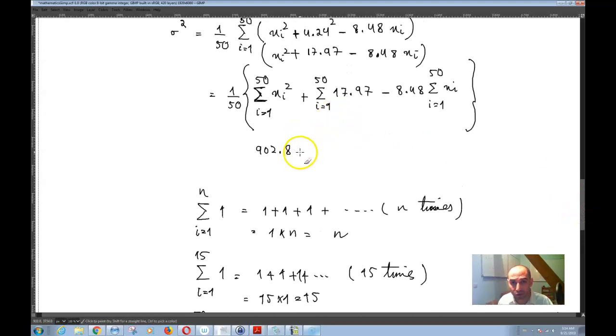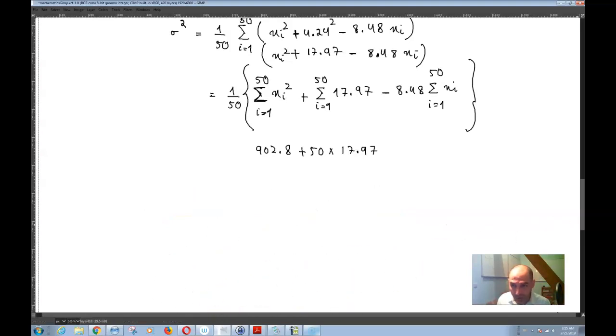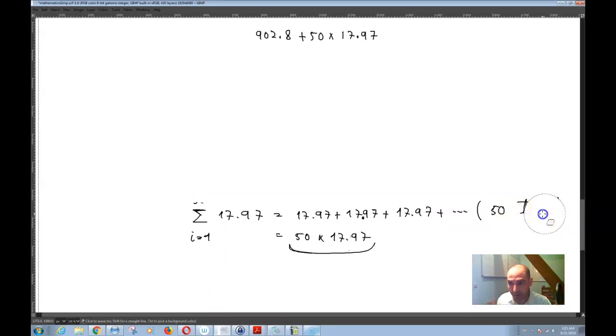So it's equal to 50 times 17.97, and that's why we got that negative value, because this number was not large enough to take care of that negative value. Basically, in the sum, the number turned out to be a negative value. So you need to be careful about the sigma notation.